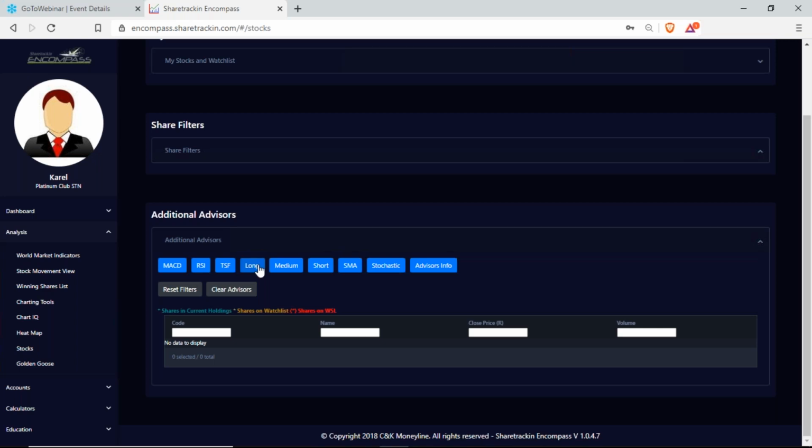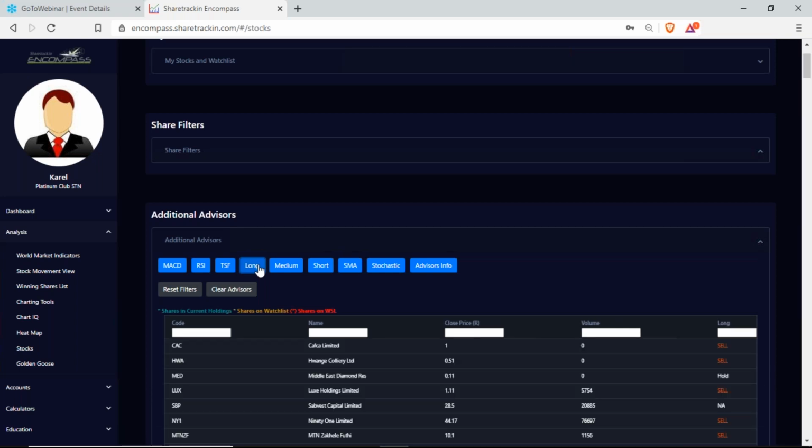So whether you are a person that buys in and keeps it for the long term, in other words, months, or whether you are a person that does short-term trading, you can use the long to ensure that you buy a good share. Next up, we're going to insert a stochastic. So your long and stochastic is a share that you can buy now.